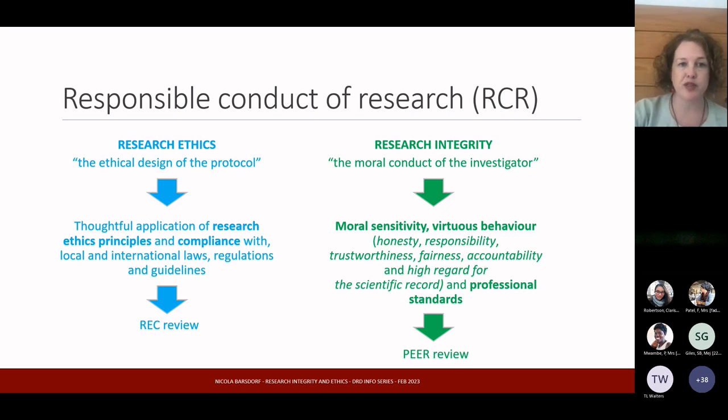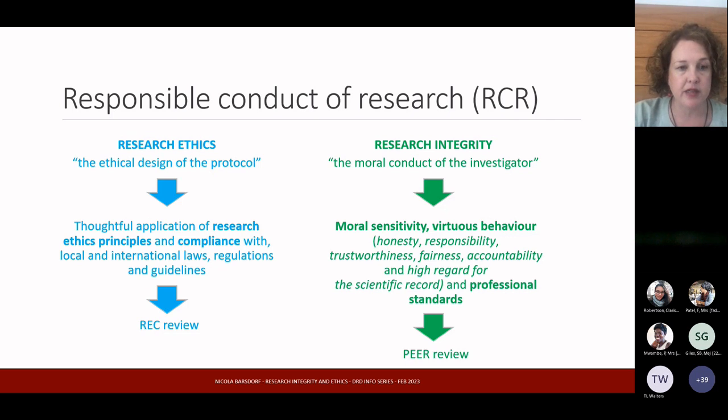And if we look at responsible conduct of research, you can sort of broadly divide it into research ethics and research integrity, just for simplicity. When we look at research ethics, we're largely talking about the ethical design of the protocol. So thoughtful application of research ethics principles and compliance with local and international laws and regulations and guidelines in the design of your protocol and in the carrying out of that protocol.